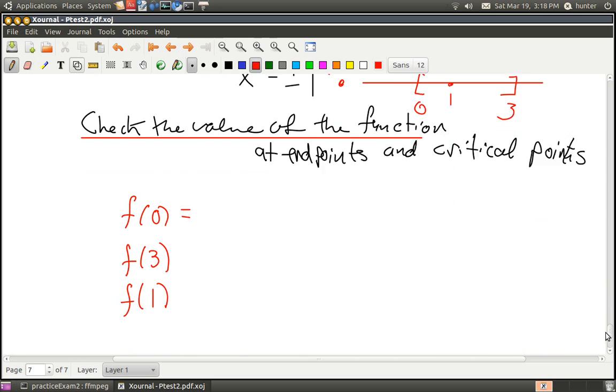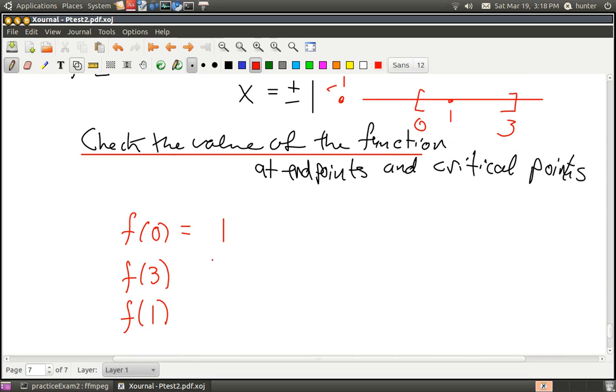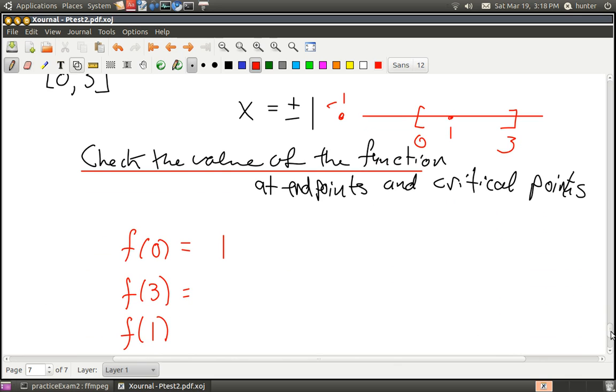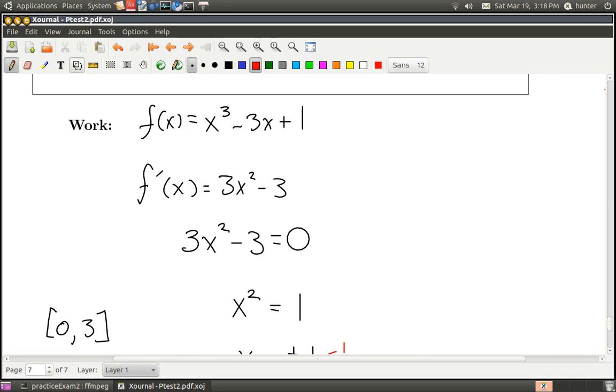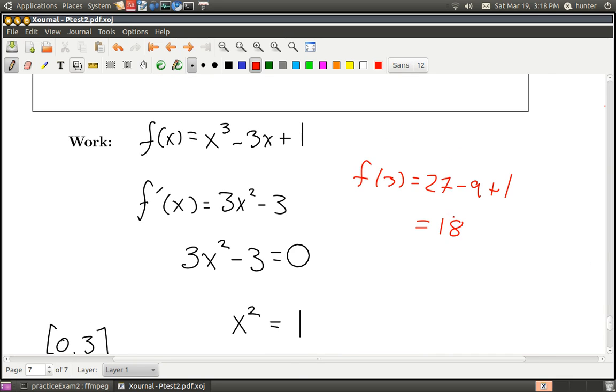Let's go back down here. So this is 1. And what's going to happen if I plug in 3? Go back up to the function. If I plug in 3, I get 27 minus 9 plus 1. This is 18, I believe. Or is it 19?